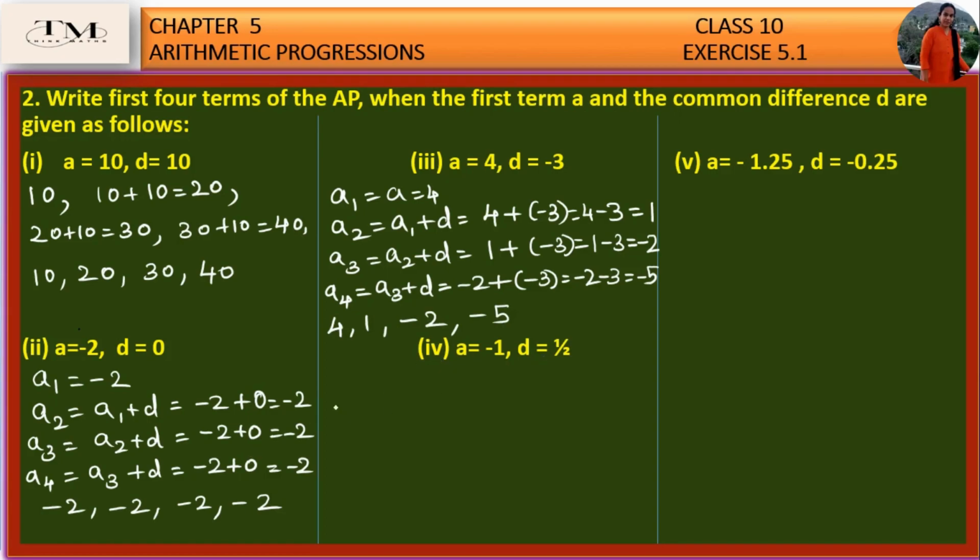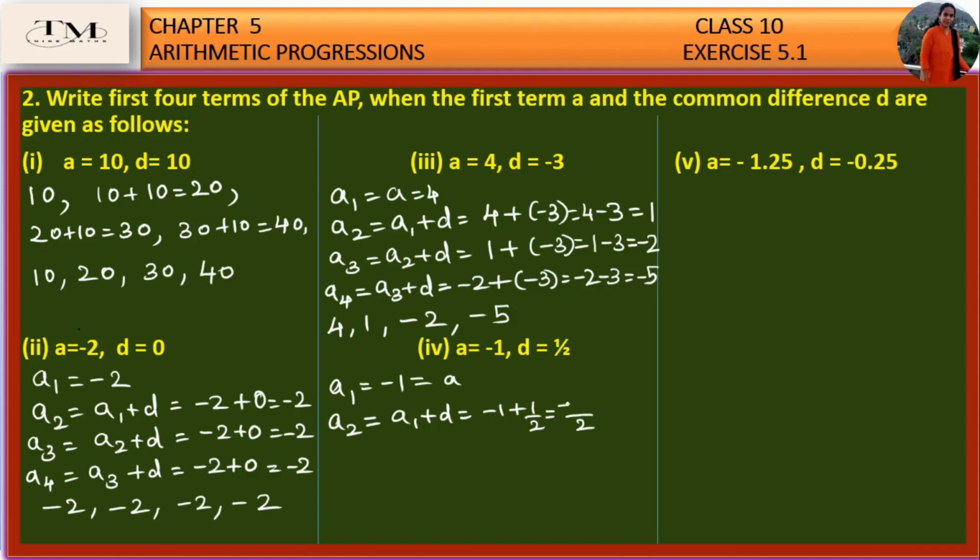Next, the fourth problem. Here A1 equals minus 1, which is A. A2 is equal to A1 plus D. A1 is minus 1, D is 1 by 2. We have to take the LCM as 2. Here 2 is not there, so we have to multiply and divide by 2. In the numerator we multiply by 2.